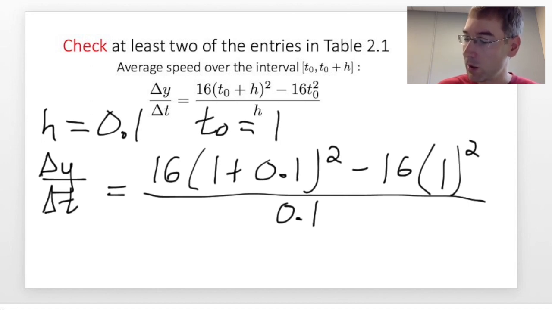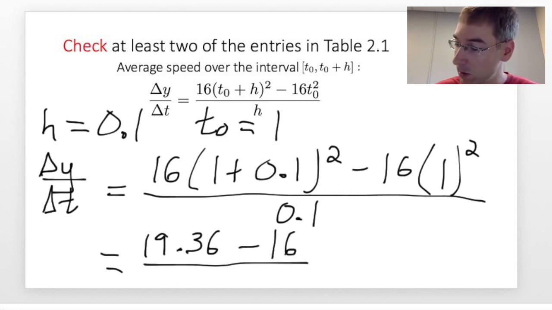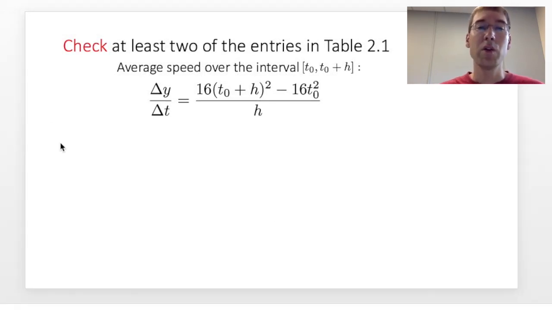Okay, and so this reduces to 19.36 minus 16 over 1/10. 33.6, and again the units would be feet per second. So you could certainly check other entries of the table if you'd like, but this is at least how you would check 2 of them.